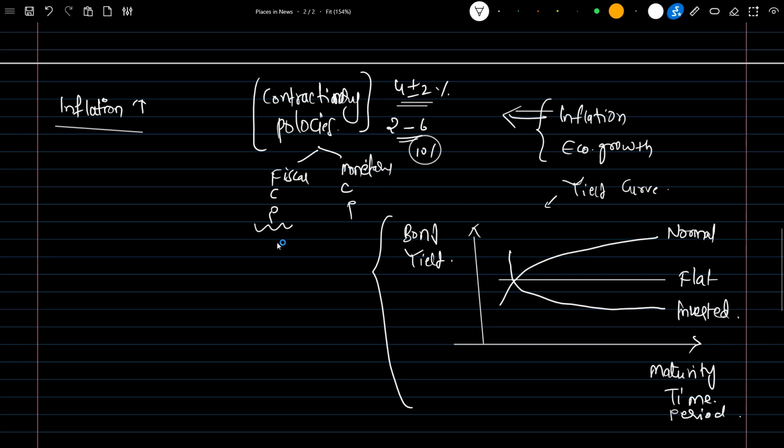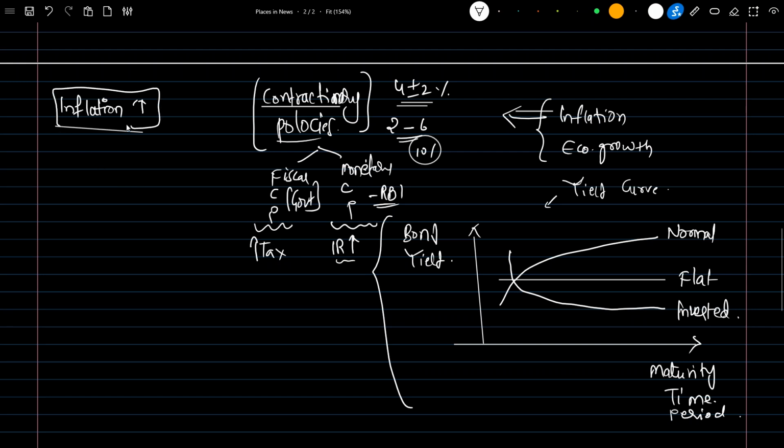For example, if the government is increasing tax to suck more money from the market, it is fiscal contractionary policy. If interest rates are increased by the RBI, it is monetary contractionary policy. Whatever it might be, contractionary policy means simply sucking the money out of the market so that inflation will be under control. People will not have more money, so it will not cause any chaos.